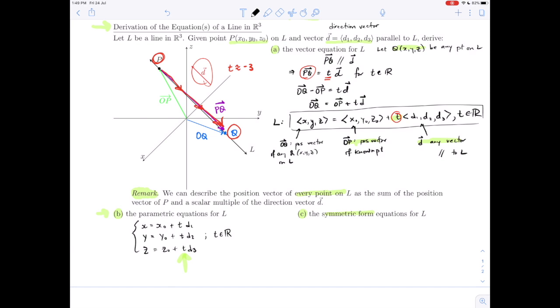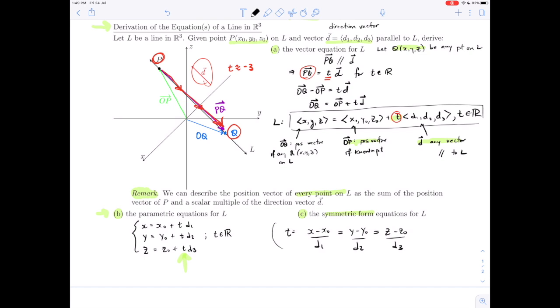So if I solve for t in the first equation, I'm going to get (x minus x0) over d1. And in the second equation, t is going to be equal to (y minus y0) over d2. Now, since they're equal to the same t, those things are equal to each other. And the last equation, (z minus z0) over d3.